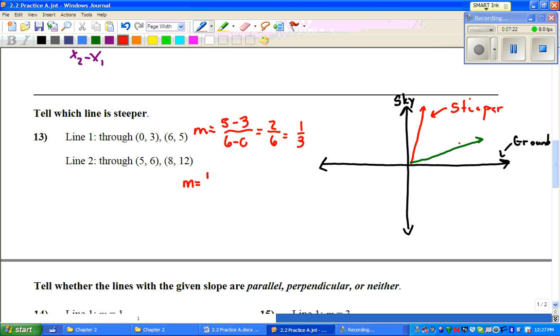I'm going to do 12 minus 6 over 8 minus 5, which is going to give me 6 over 3, which is equal to 2 over 1, which is going to equal 2. Rise 2, run 1. So you go up more than you go over. So this one right here, since it has a bigger slope, that's going to be a steeper line.